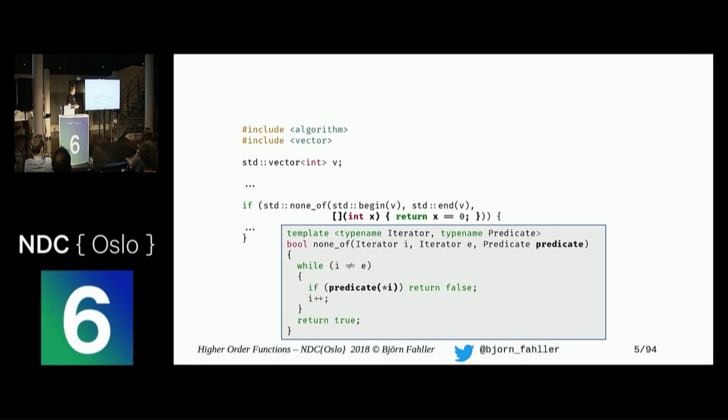And if the predicate is true, then obviously at least one of the values in the range is true, so none_of is false, so we return false in that case. And if we exhaust the entire range without the predicate triggering, then it is true. None of them were true. So that is really how you write it. You can be extremely fancy if you want to, if you really want to show how enormously good you are with SFINAE trickery and whatever, but the standard library doesn't. So generally speaking, don't bother.